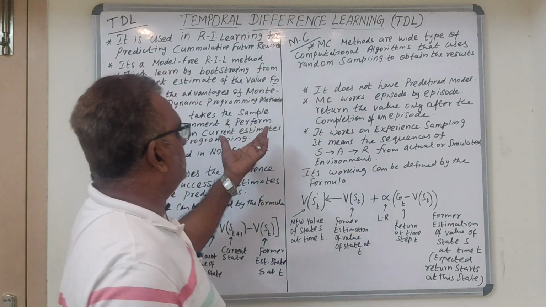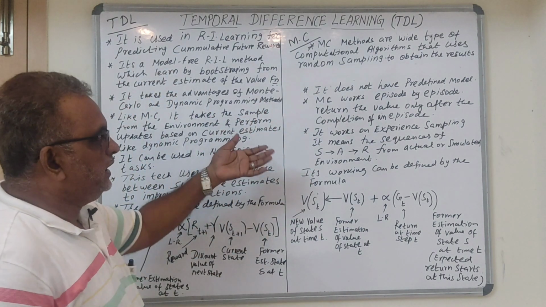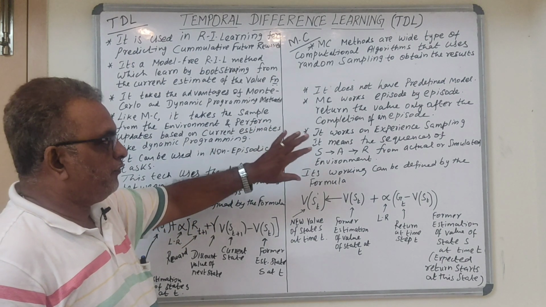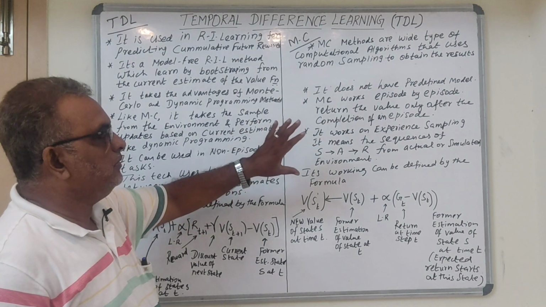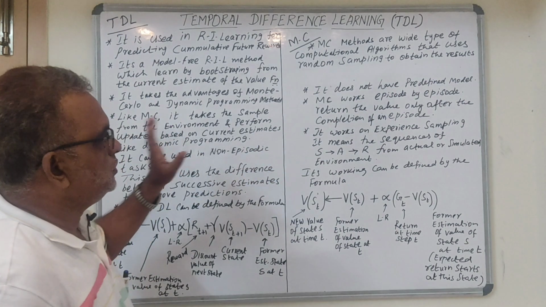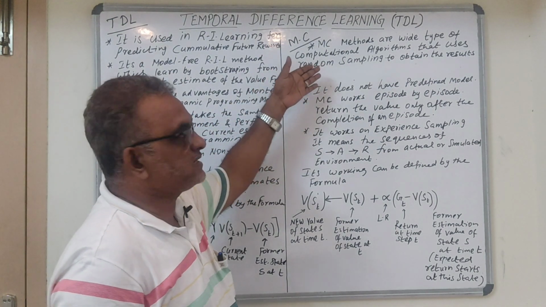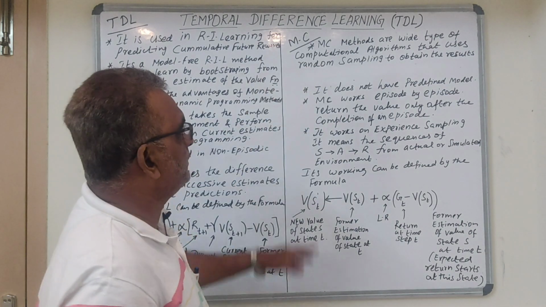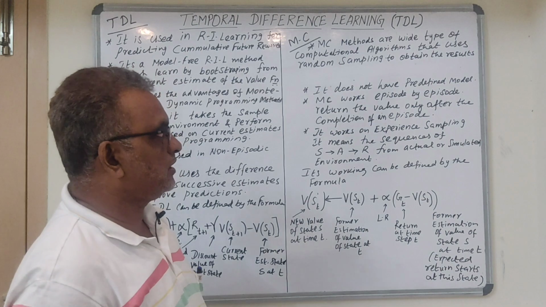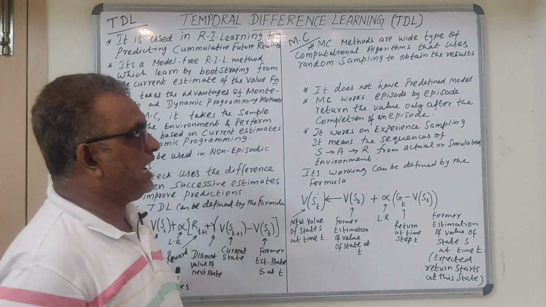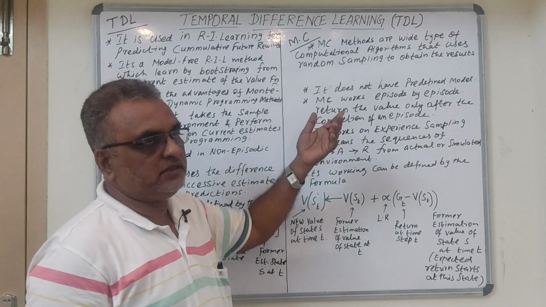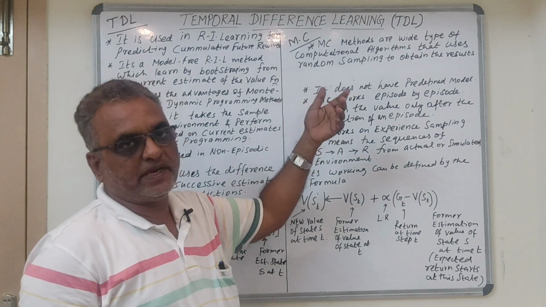Since Monte Carlo is another learning method, and we are using some concepts of Monte Carlo in the TDL, let us also discuss Monte Carlo learning. The Monte Carlo methods are a wide type of computational algorithms that use random sampling to obtain results, like probabilities or expected values.